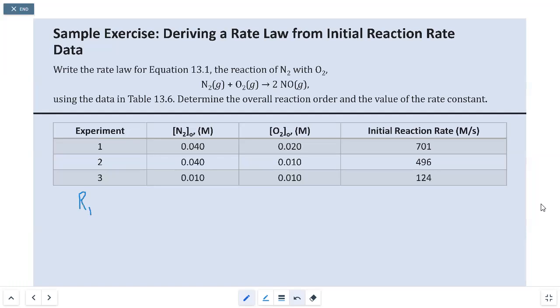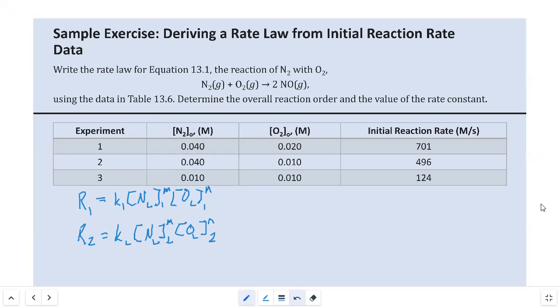So R1, we're going to look at experiment 1 here, is equal to K1 times the concentration of nitrogen at condition 1 to the power M times the concentration of oxygen, condition 1, power N. R2 is going to be equal to K2 times the concentration of nitrogen at condition 2 to the power M, oxygen at condition 2 to the power N. Now, luckily, we have numbers to associate with each of these. So it's actually not as bad as it looks.